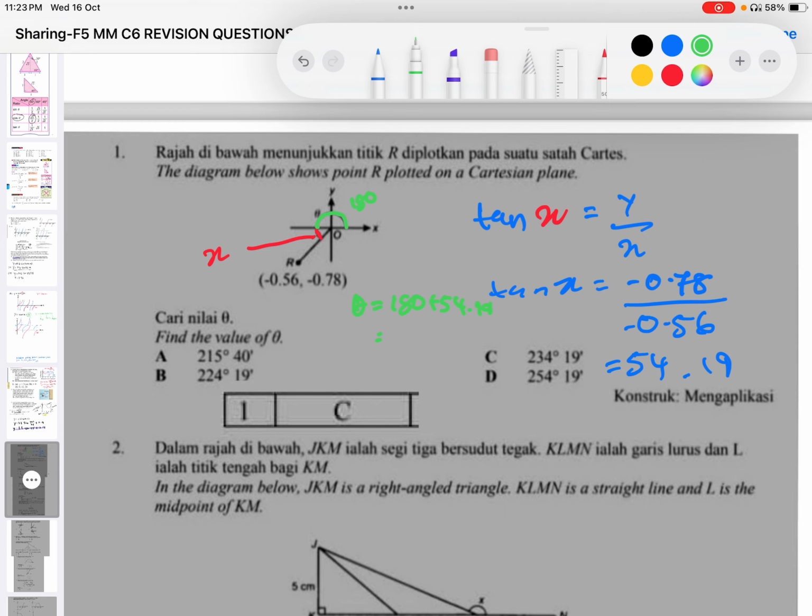Okay, so we'll get 234. This is going to be still 180 plus 54.19.